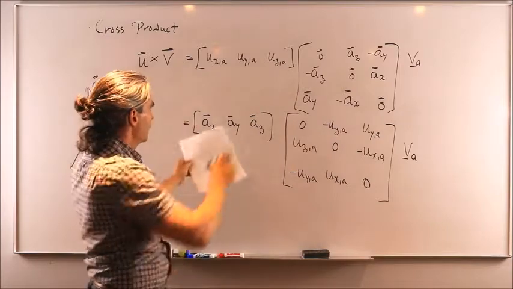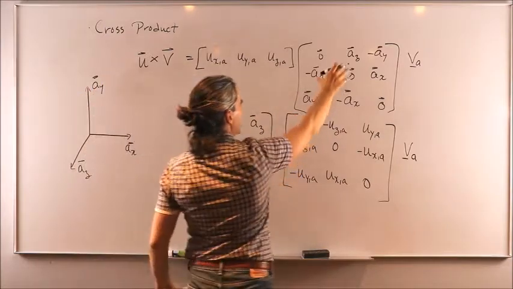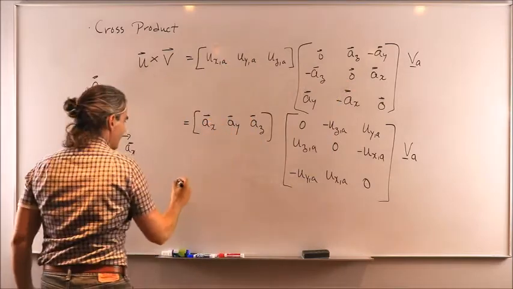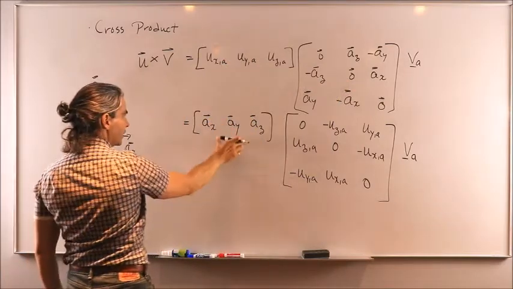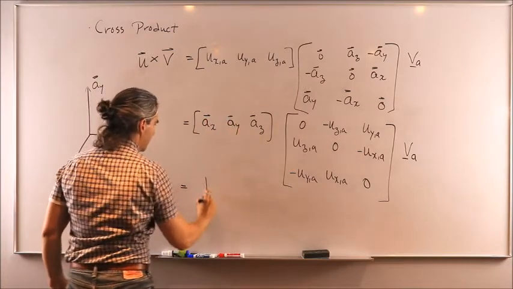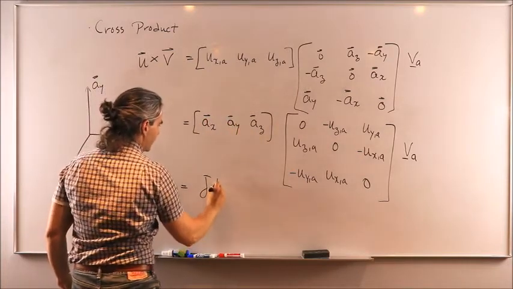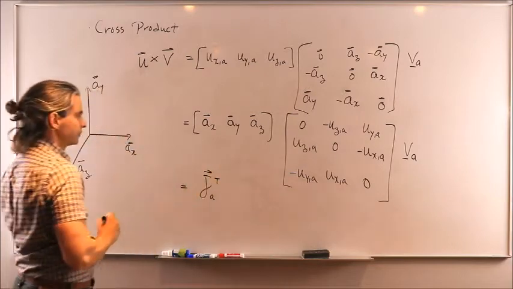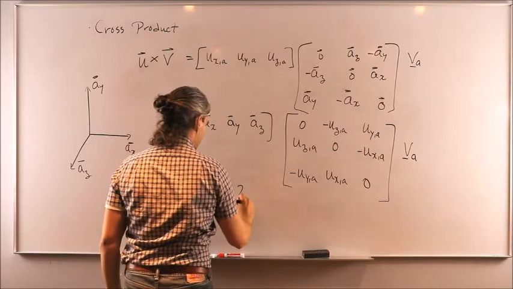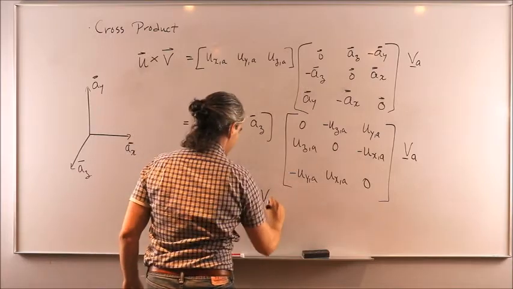And the reason why I flipped the elements of this with the elements of that is to simplify my life greatly, because now I recognize this object, right? Because this is the transpose of vectors A. Boom. What is this guy equal to? I don't know yet. And times VA.